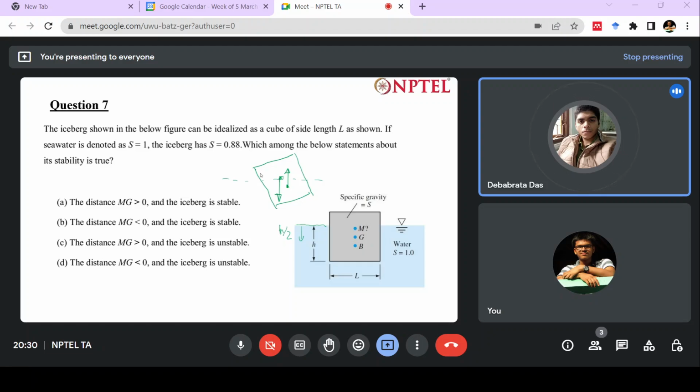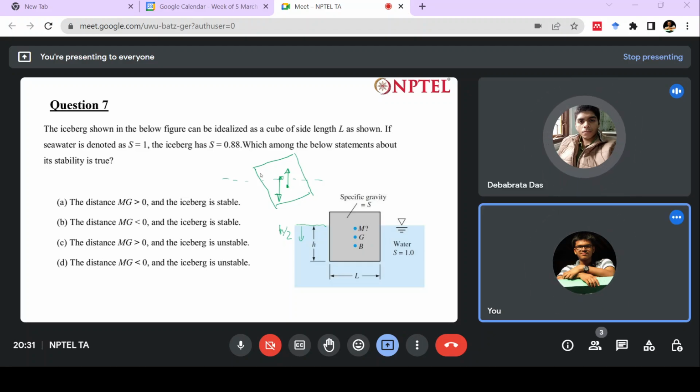Sir, if the metacenter is above G, it will be stable. Okay. If the metacenter is above G, it will be stable. Yes, sir. Can you explain more?